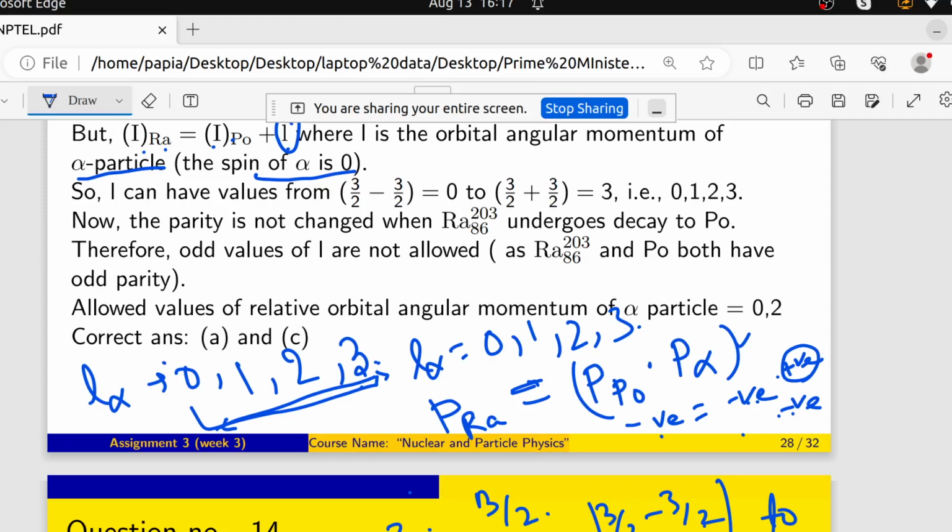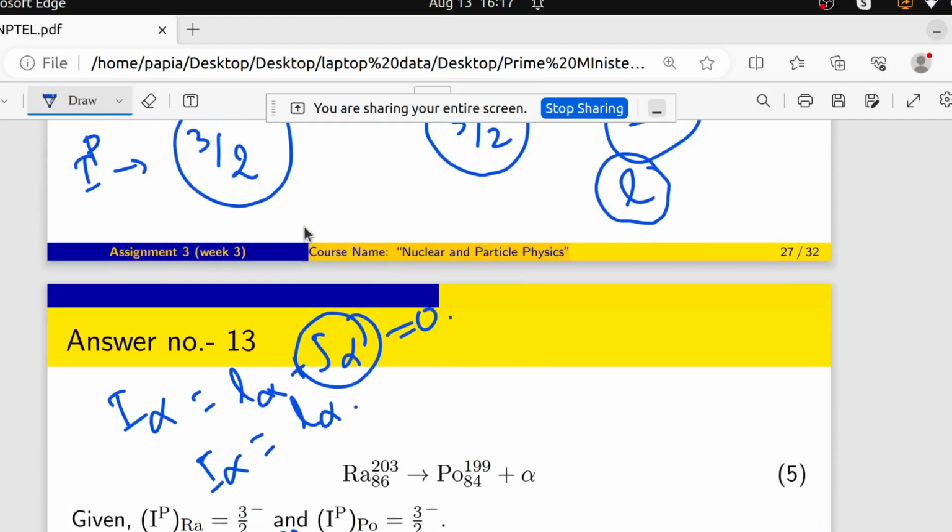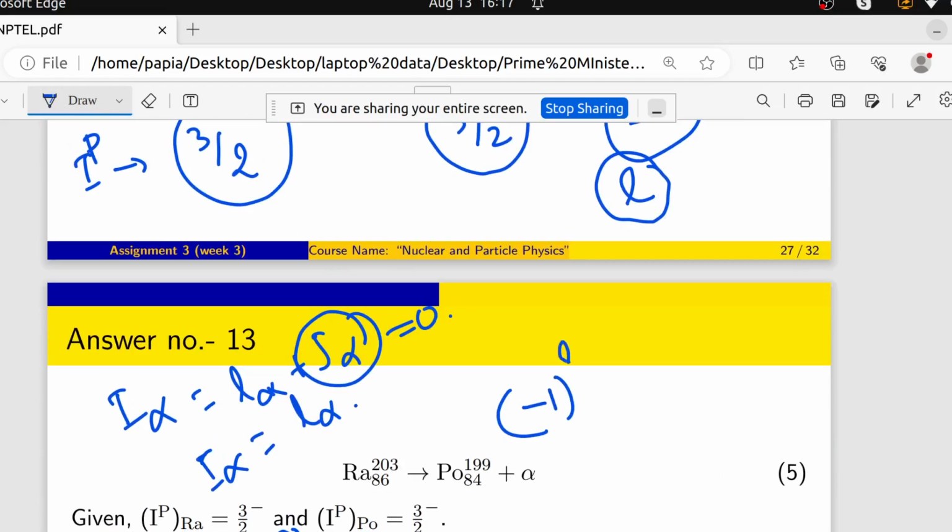So for the parity constraint, we have only those L alpha values which will give us parity as positive for the alpha particle. The parity expression is minus 1 to the power L. For L equals 0, minus 1 to the power 0 is positive.